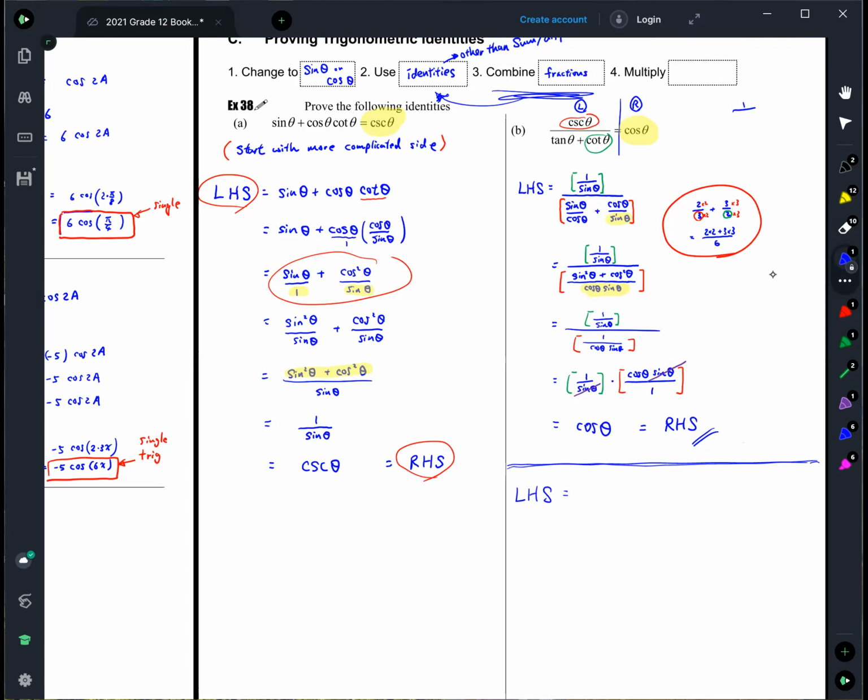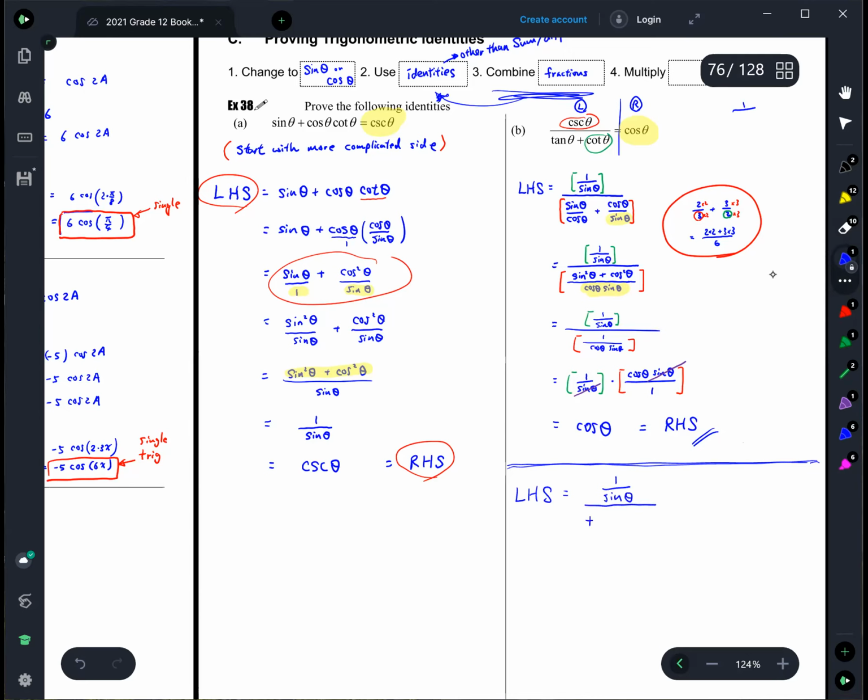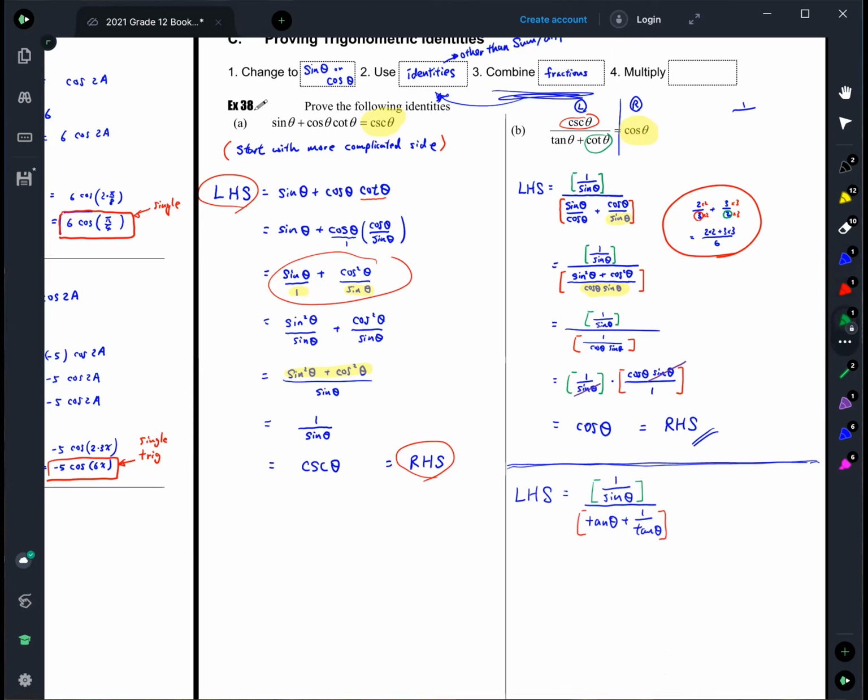I think Caleb was starting with 1 over sine, the top is the same, but then for the bottom, he used tangent and 1 over tangent. Right, Caleb? This is what you have, right? So we're going to go over this way too. If you finish writing, please raise your hand.